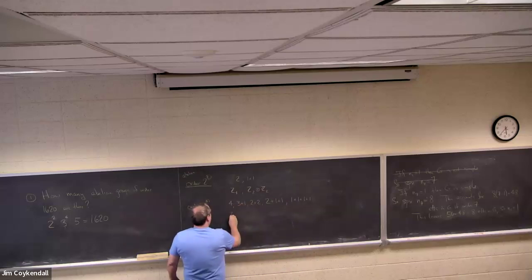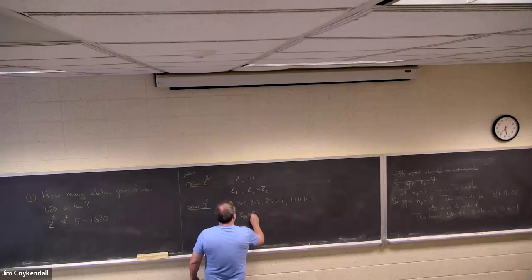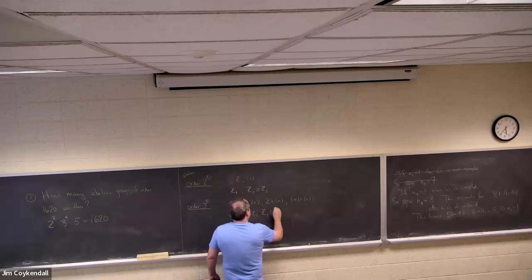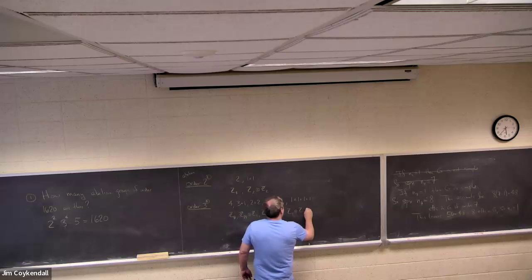So this is C3. Sorry, C81. C27 direct sum C3. C9 direct sum C9. C9 direct sum C3 direct sum C3.